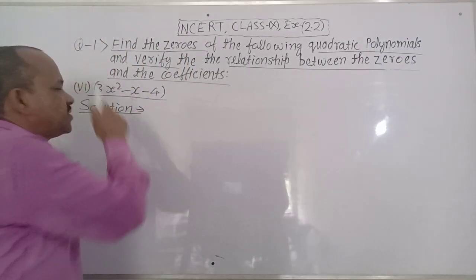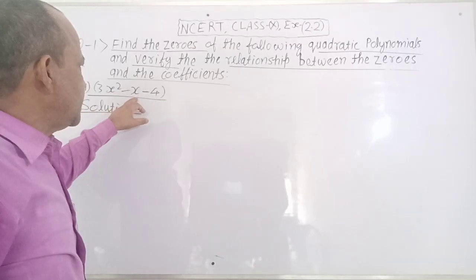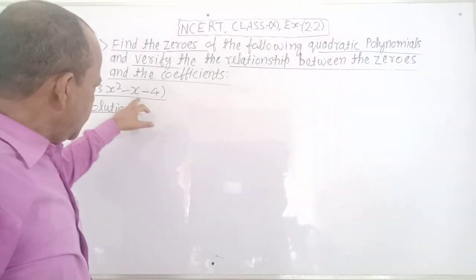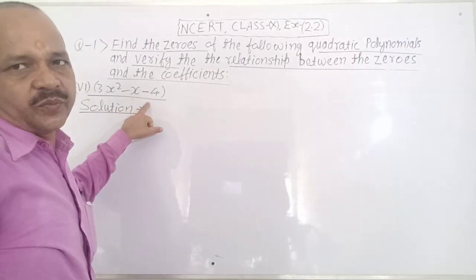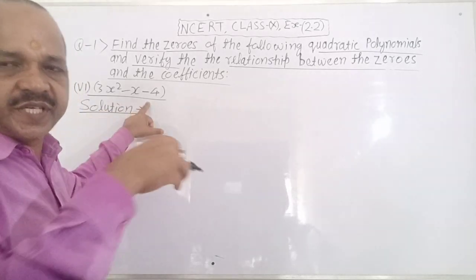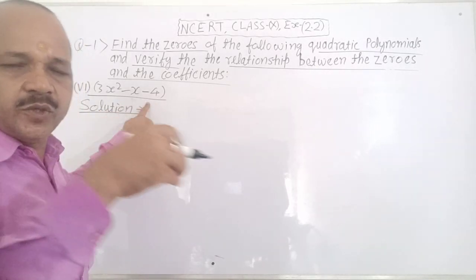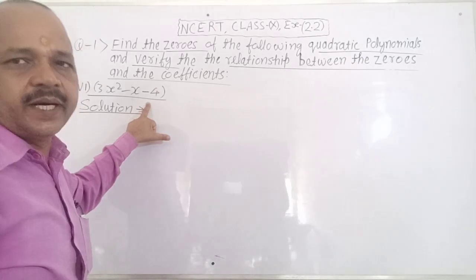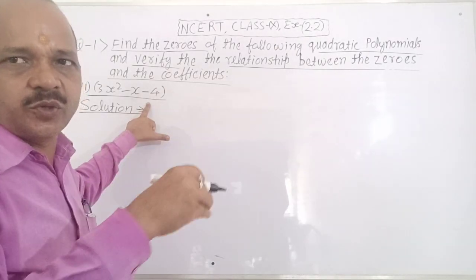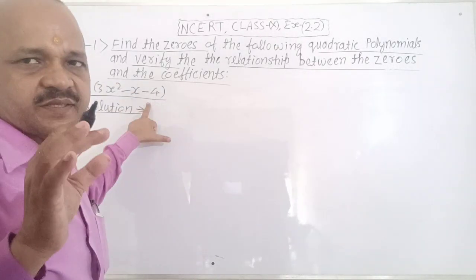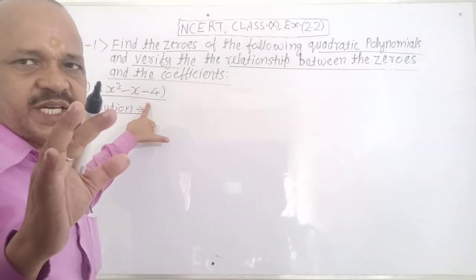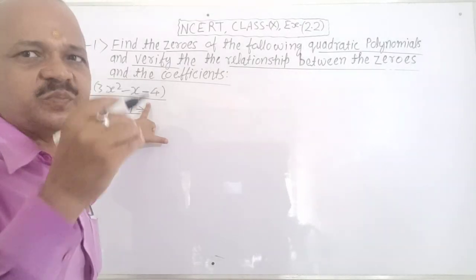Question 1 part 6: 3x square minus x minus 4. It is a quadratic polynomial. You find coefficients and zeros of it and then verify the relationship between zeros and coefficients. It is clear, no confusion about it. Very good. It is very easy.